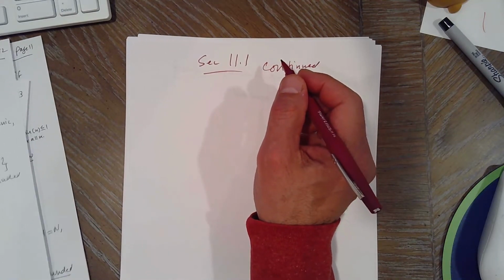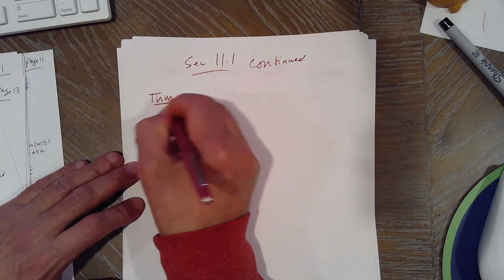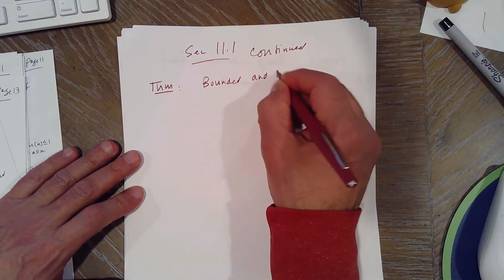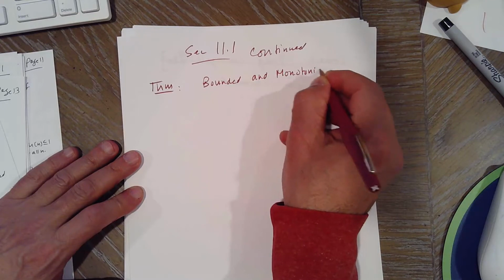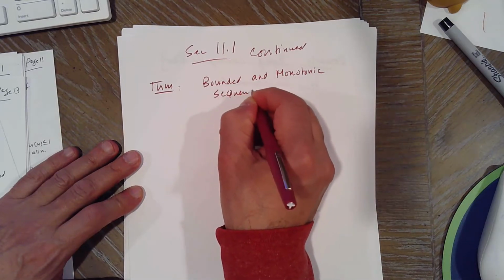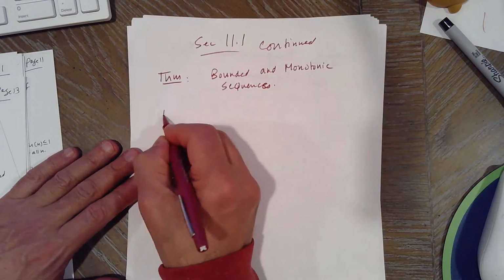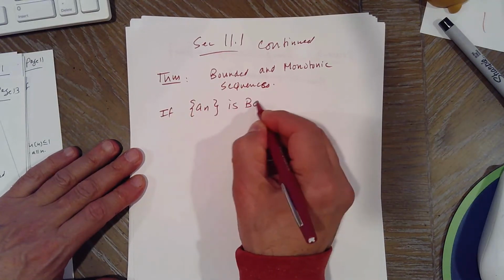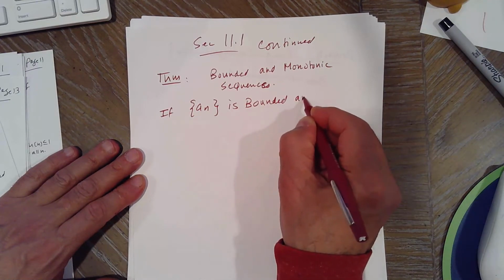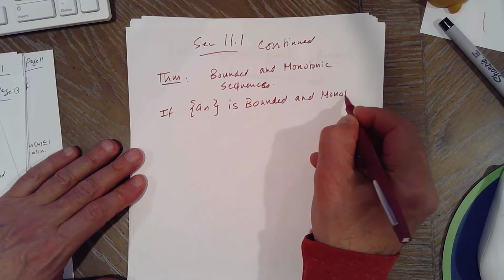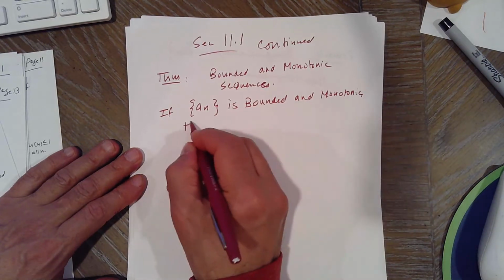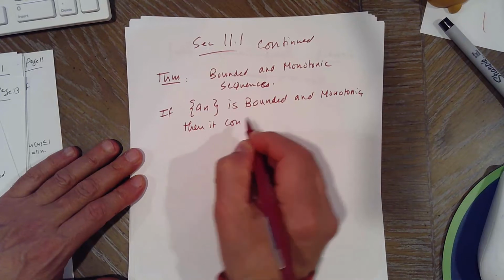I was talking about bounded and monotonic sequences, so let me repeat that just in case you didn't get that. If a sequence a_n is bounded and monotonic, then it converges.